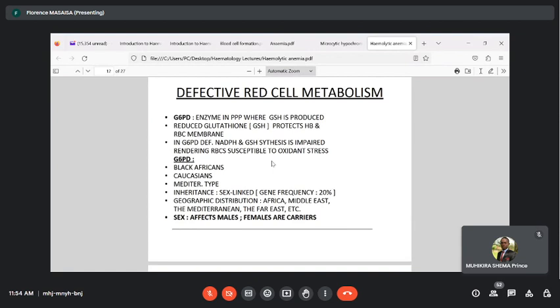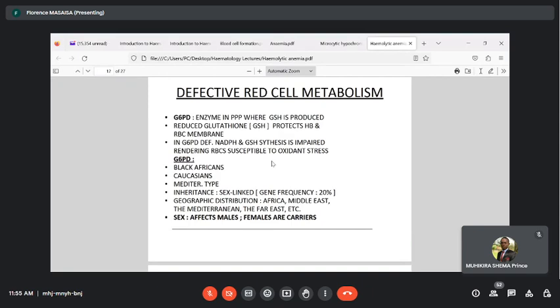So when there is a deficiency in G6PD, there will be a decrease in glutathione production, so that will be making red blood cells susceptible to oxidant stress. Then they can be destroyed easily. This is mostly found in Black Africans and Caucasians. It is inherited sex-linked, so mostly males are the ones getting the disease, and females are carriers.